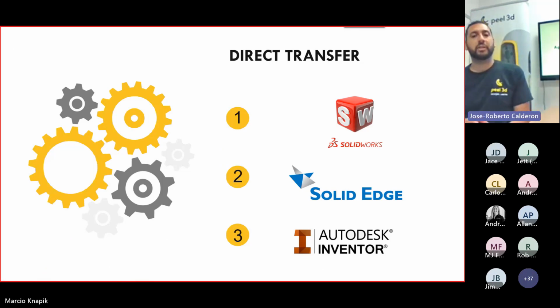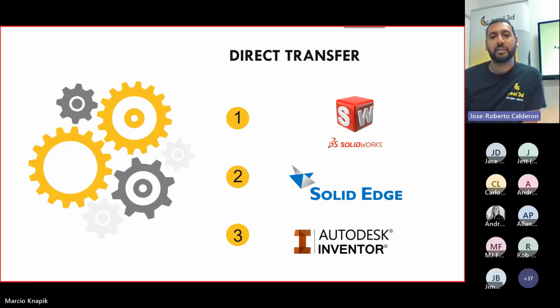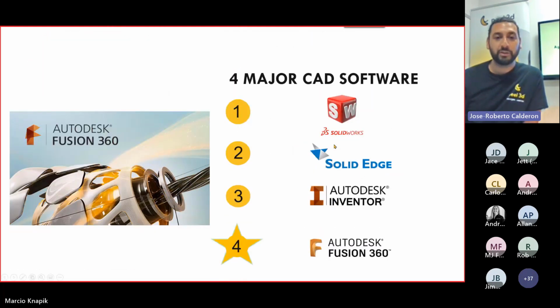Now, for the pièce de résistance that a lot of people have been asking for, before we had three main CAD softwares to which we could do direct transfer. Now, we are proud to present that we have a fourth one, and it is Autodesk Fusion 360.